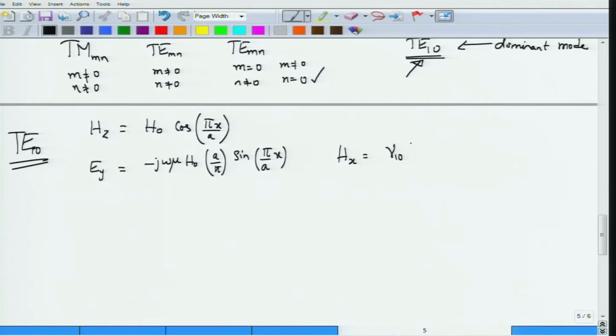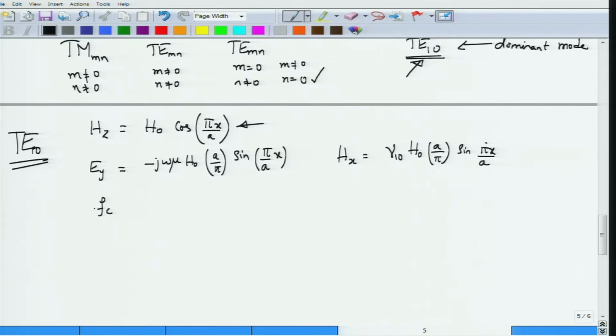There are some additional constants here, so you have H0 a by pi, okay, sine pi x by a. These are the three components that would exist for TE10. So if you leave out this Hz, this is almost like a plane wave wherein you have Ey and a minus Hx, right. So the ratio of these two should of course also give you the wave impedance for this particular waveguide. We will come to that one later.